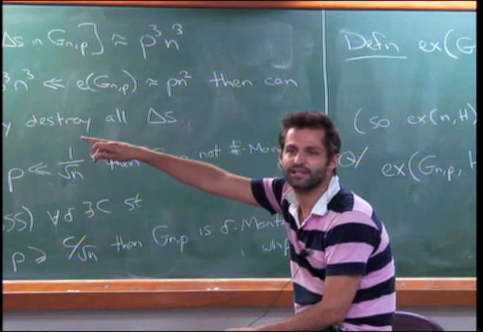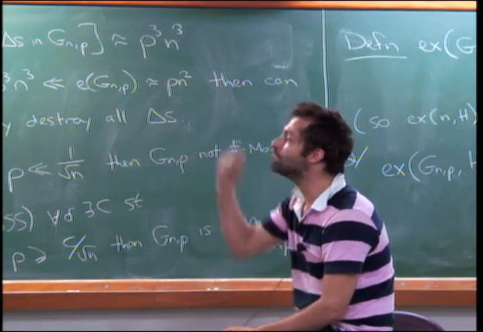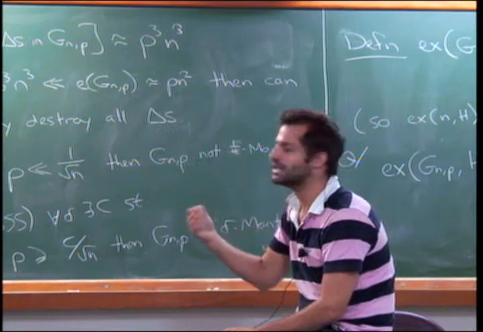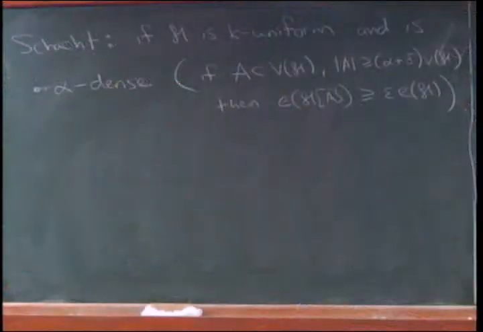So this is crucial in this case. The input for this theorem is that you need to have a dense theorem of this form, where if you have a little more than the extremal number, say delta more, then you have a positive proportion of all solutions. Okay.